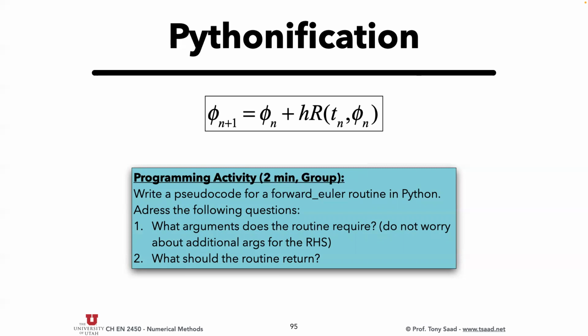So you could have equal spacing, or maybe you create an array that's not a linspace, but with different time steps. But then as you're looping, you have to pick up the correct time step. Here, we're just going to focus on equal time step size, so I'm not going to worry about variable time stepping. So we would at least need the right-hand side, either a linspace or an array for the times at which we want to find the solution, or t0, t end, and the time step size. What else?